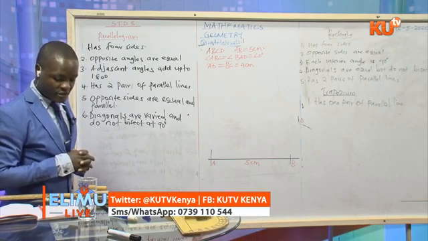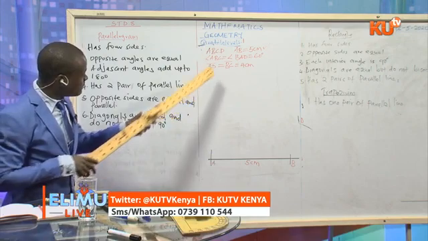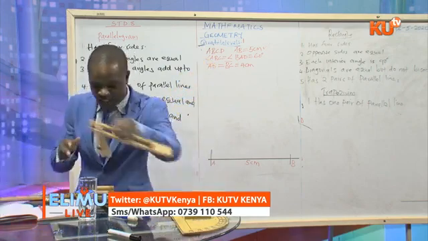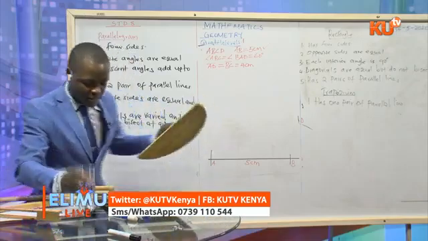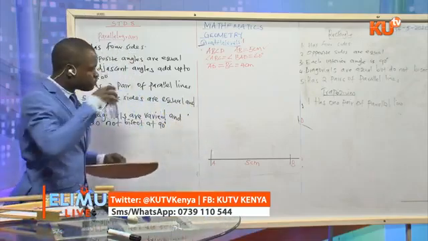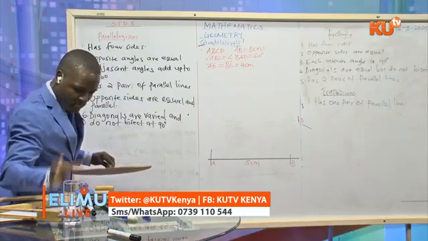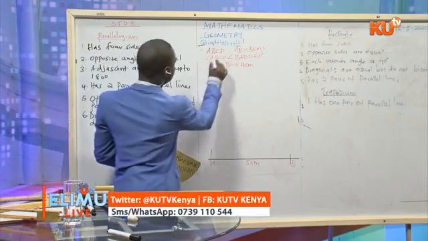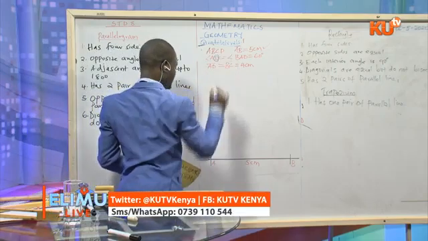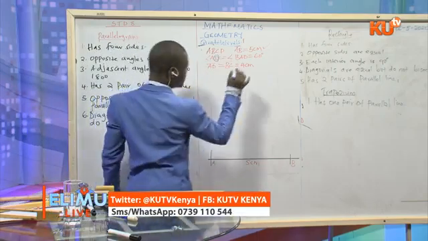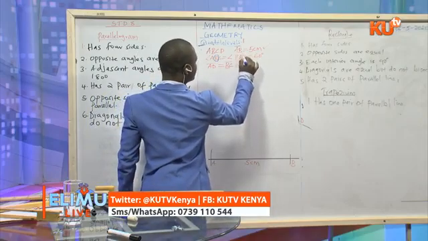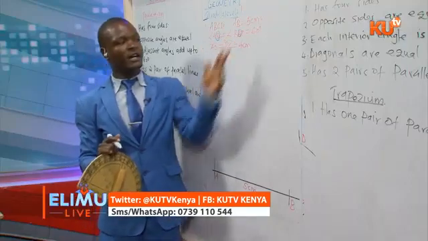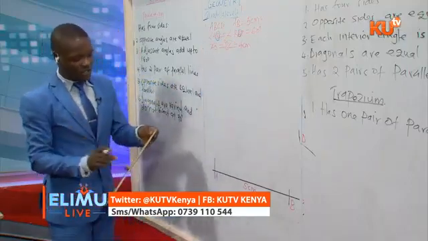Now the first thing that I want us to do is to measure the angles. So take your protractor. Angle ABC, so we'll stand at B, and at the same time we'll also stand at point A. Now, angle ABC and angle BAD are equal, and they measure 60 degrees.